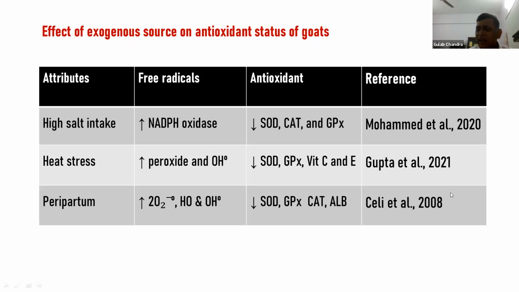Sally et al. 2008 also reported that the peripartum period in goats promotes the production of free radicals and decreases the antioxidant level during this period. Whether animals are in heat stress, in the peri-parturient period, or in continuous stress conditions, these conditions promote the production of free radicals, and goats during these conditions are continuously in oxidative stress.